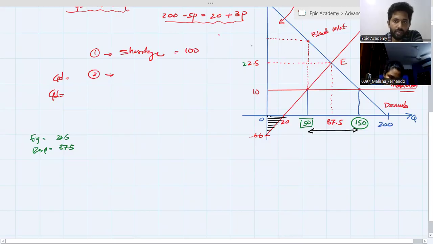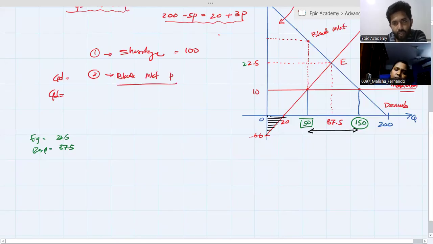But here we don't have any idea what the exact amount of the black market price will be, but we have to calculate it. Then I will tell you the method you can use to calculate the black market price.